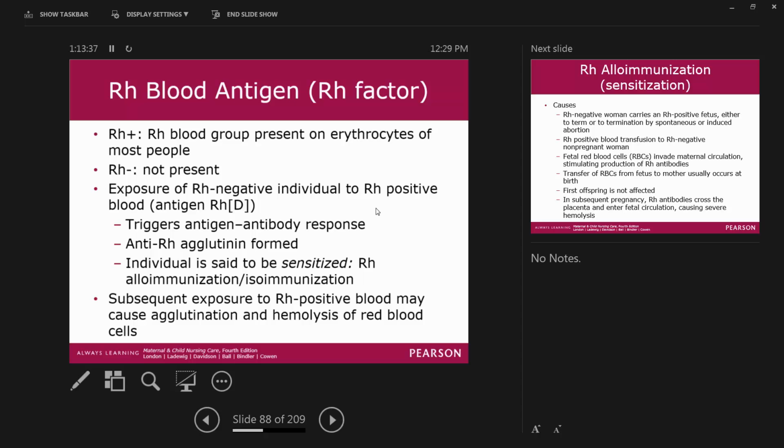She's considered sensitized, or alloimmunization or isoimmunization. That all means the same thing. She's been sensitized. So she is Rh negative and she's been exposed to Rh positive blood and she has developed antibodies.